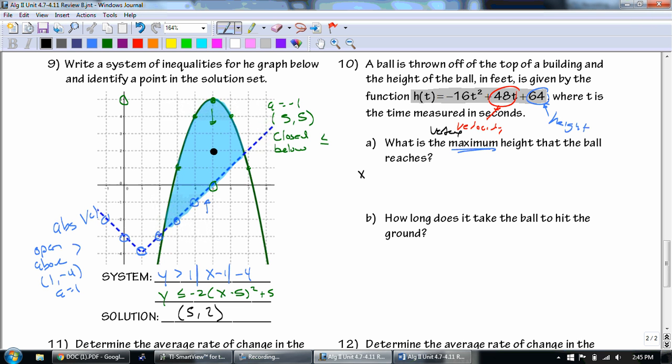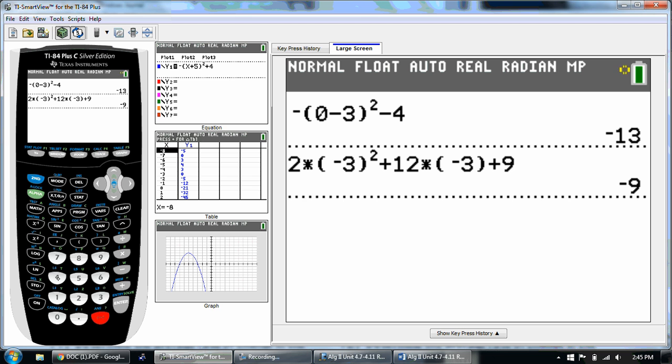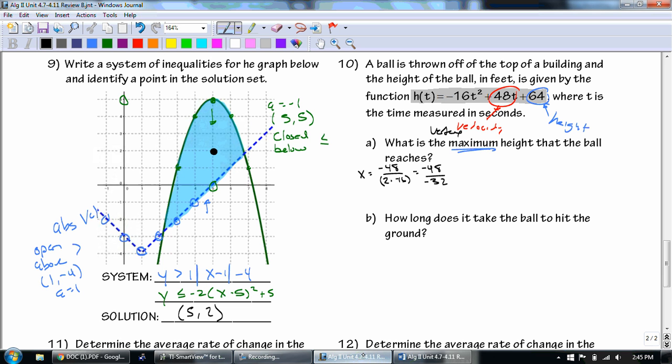So to find the vertex, I'm going to take the opposite of b over 2 times a. So we have negative 48, and 2 times negative 16 is negative 32. And then I need negative 48 divided by negative 32, which is going to give us a decimal, 1.5. Now, 1.5 is the seconds. To find the height, I need to take that 1.5, sorry, h of 1.5 and plug it in.